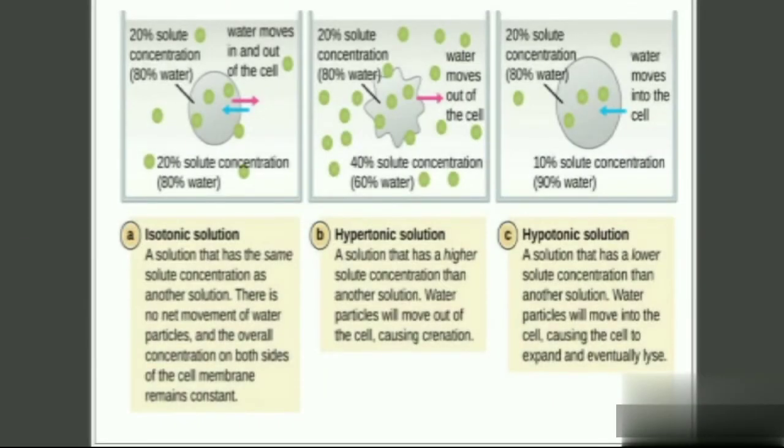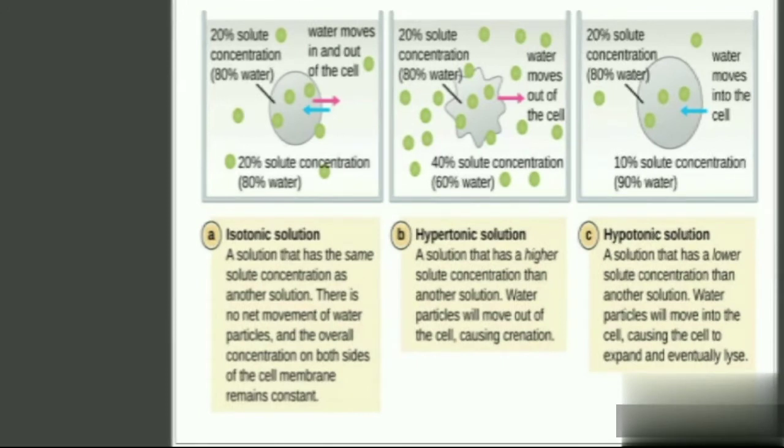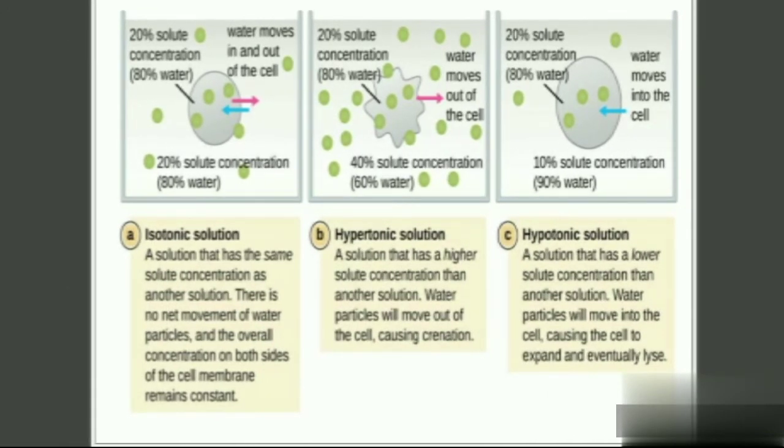Isotonic is the condition where the concentration inside the cell and outside the cell is the same in terms of solute or solvent. Both sides are the same, so there is no movement of water particles. So this condition is called an isotonic condition or isotonic solution.